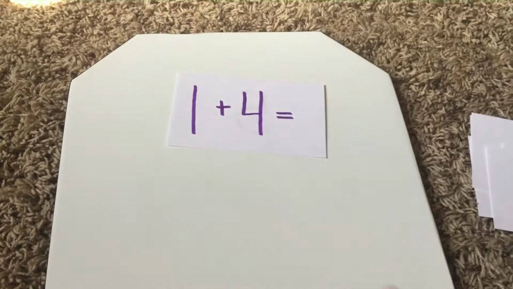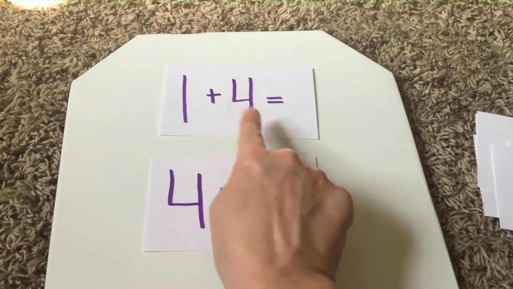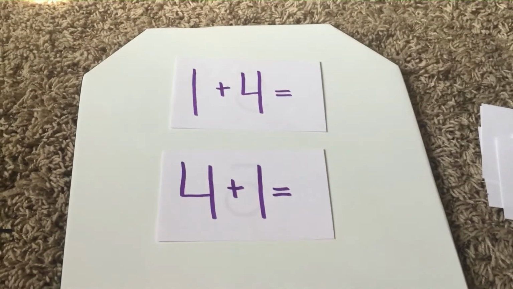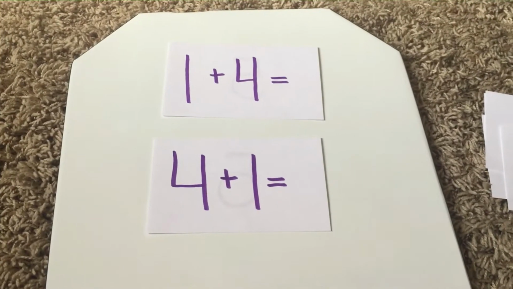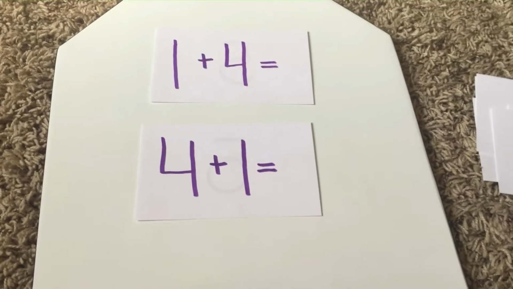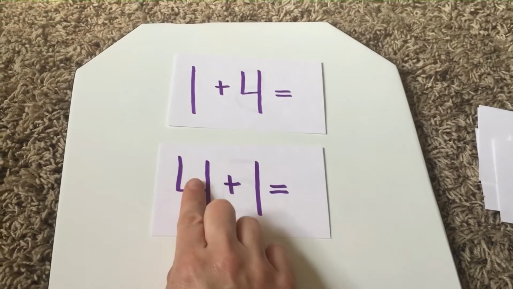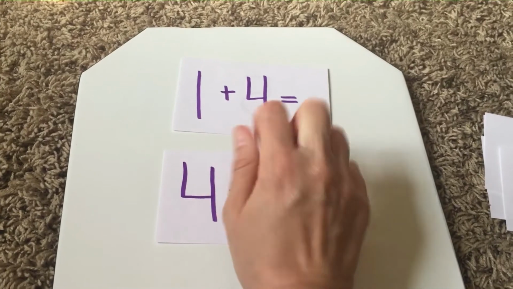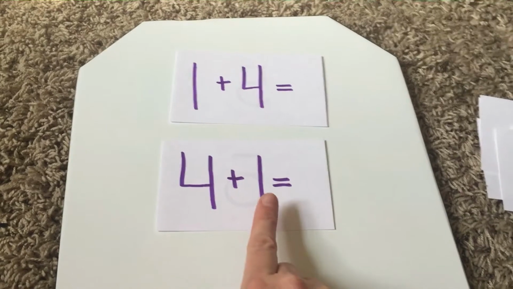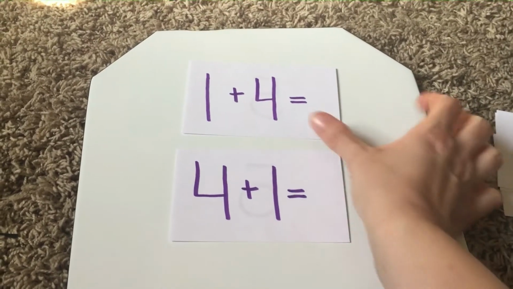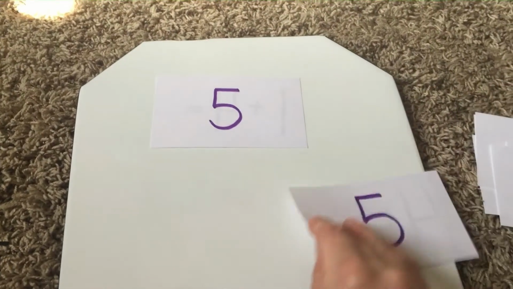So again, it doesn't matter where the 1 is. If you see you have a number and 1 more, remember this trick. Just think about if you were using a number line or you were counting, what would be 1 more than the number? So let's try it. 1 and 4 more is the same as 4 and 1 more is the same as, good, 5.